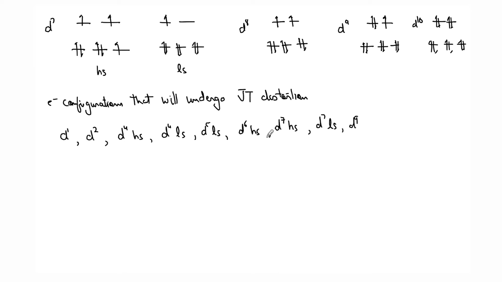Now CFT also predicts that distortion will be more pronounced if EG set is asymmetrically filled, or we can say if it's a doubly degenerate electronic configuration. So we will write it down.